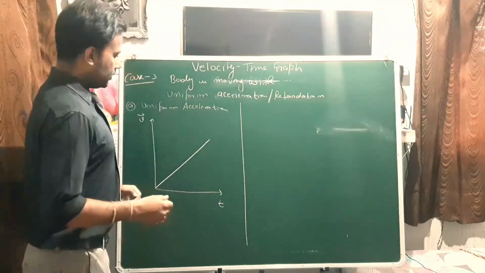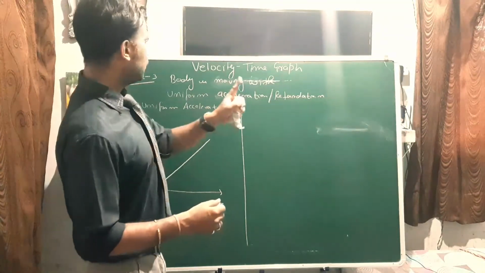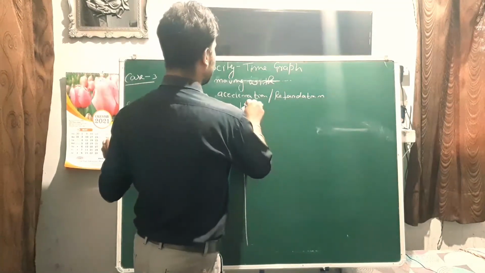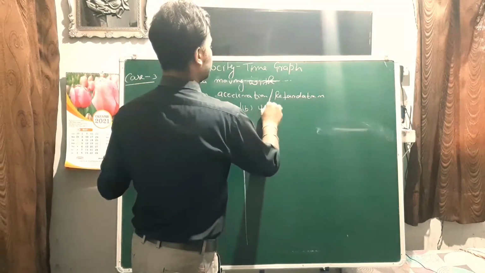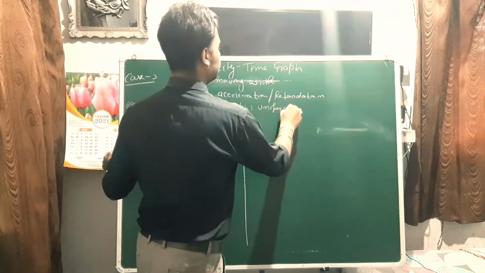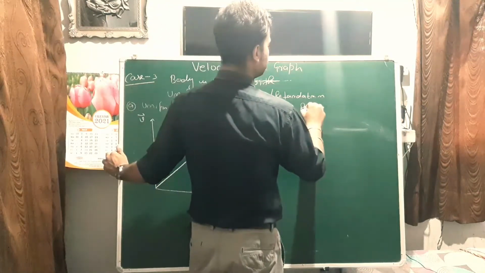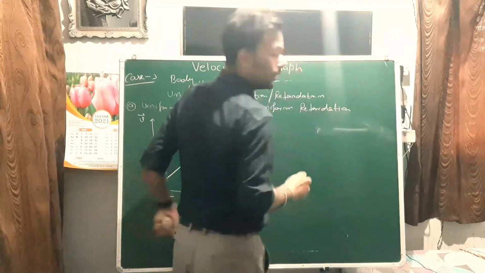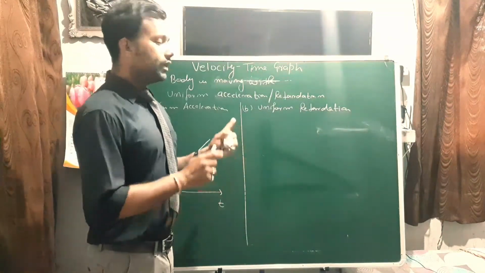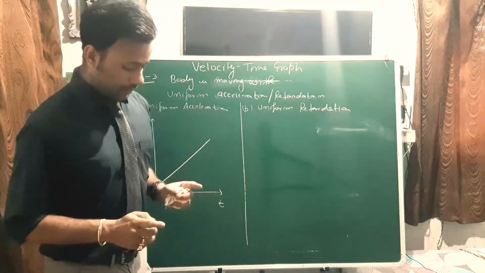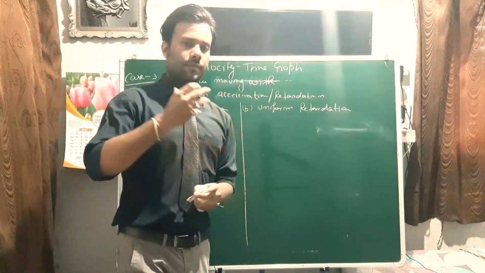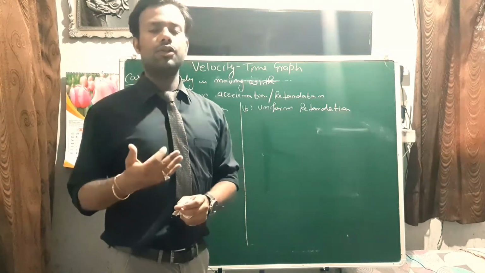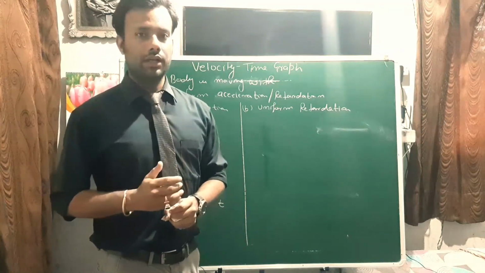Okay, and the case when the body has retardation is case B, uniform retardation. Okay, so in case of uniform retardation, the body will have some initial velocity, and as time passes the velocity of the body decreases constantly.